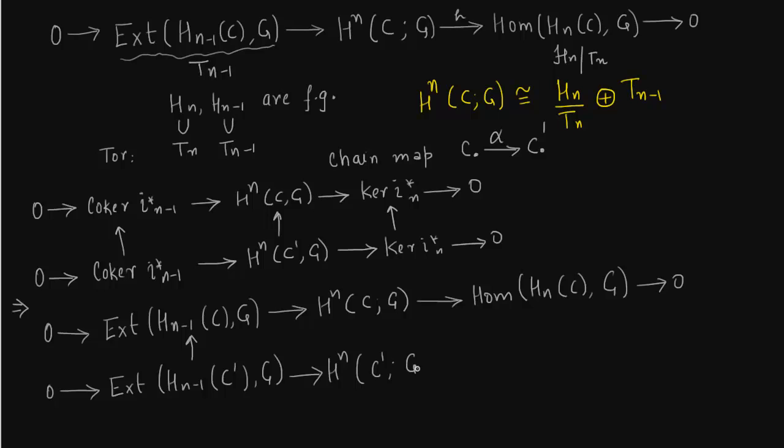So now I am writing the short exact sequence associated with chain complex C prime, which essentially comes from the universal coefficient theorem.